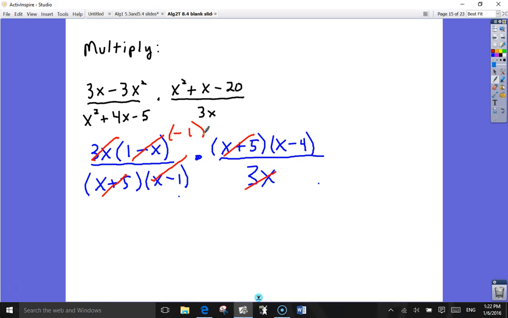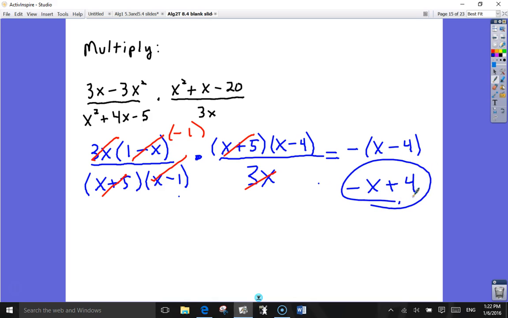Okay. Now what's left? I think we've canceled everything that we can cancel. We have x minus 4 and we have a -1. So this is negative x minus 4, which is -x plus 4. Now, what is the domain?